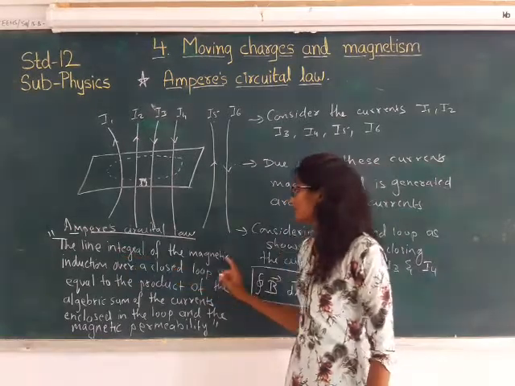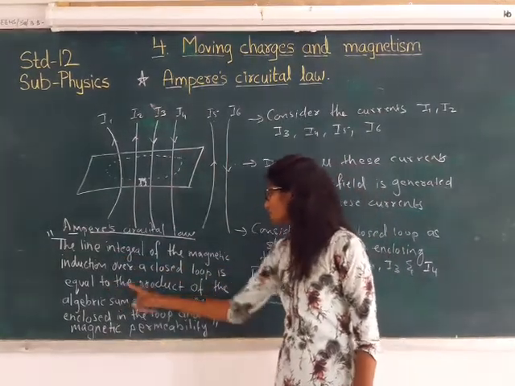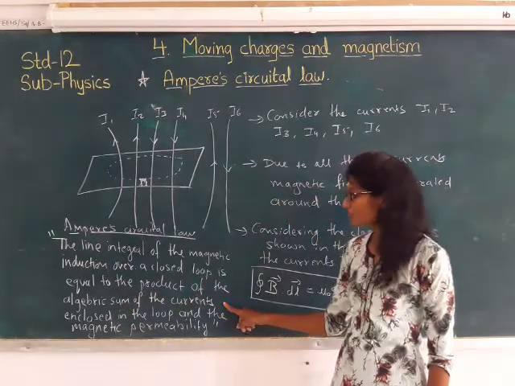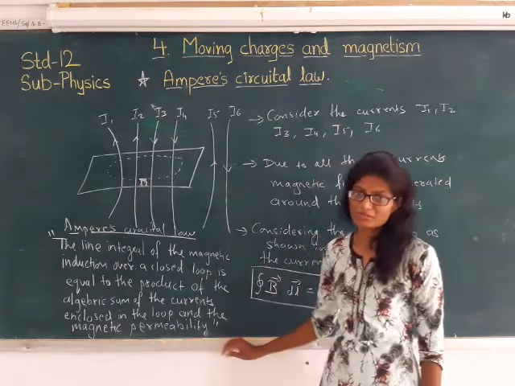The line integral of the magnetic induction over a closed loop is equal to the product of the algebraic sum of the currents enclosed in the loop and the magnetic permeability.